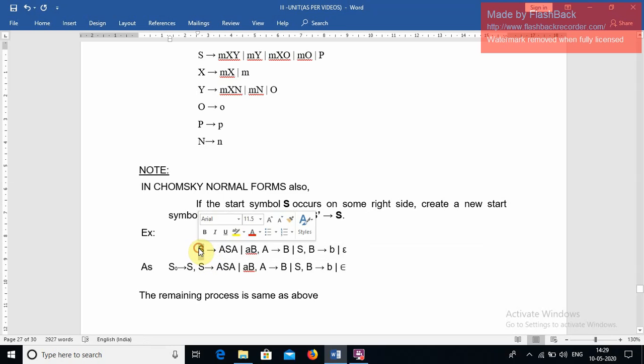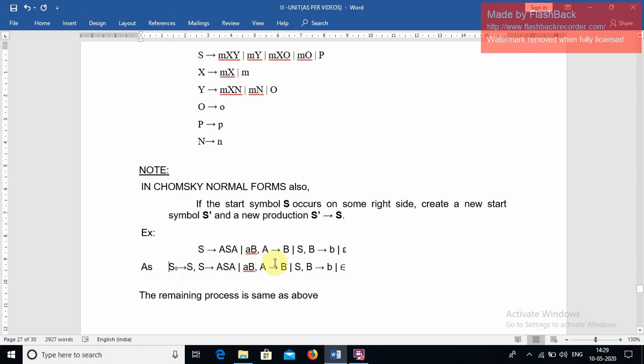S is the start symbol and S also appears on the RHS. For that reason you should make it one of the non-terminals, and you can take a new start symbol S naught. Okay, so don't leave this S as the start symbol. Why? Because it is also there in the RHS. That's why you take a new start symbol.